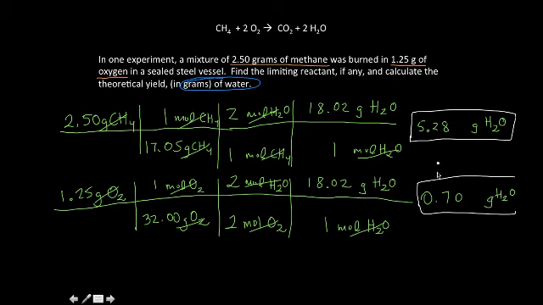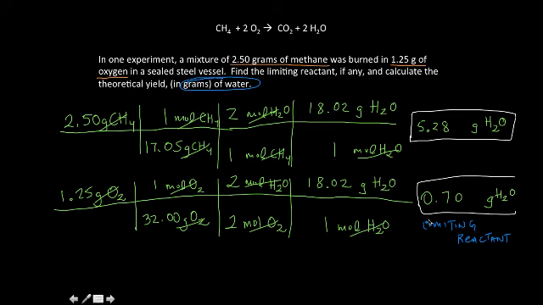Well, as you can see here, it is my oxygen that is limiting the amount of water I can make. So you choose the smallest one. Which reactant allowed me to make the smallest amount of product? That right there defines our limiting reactant. So in this case, oxygen is our limiting reactant.